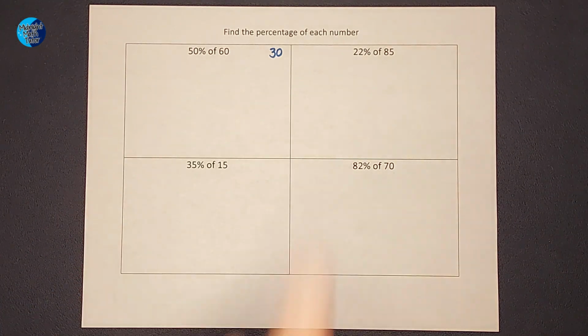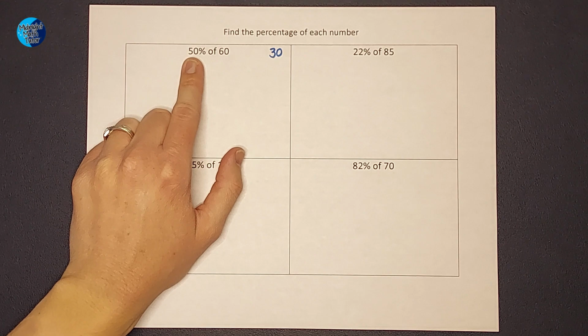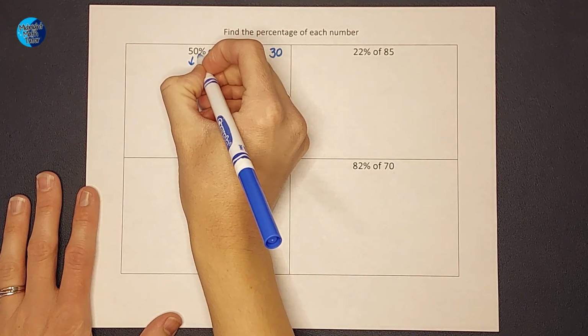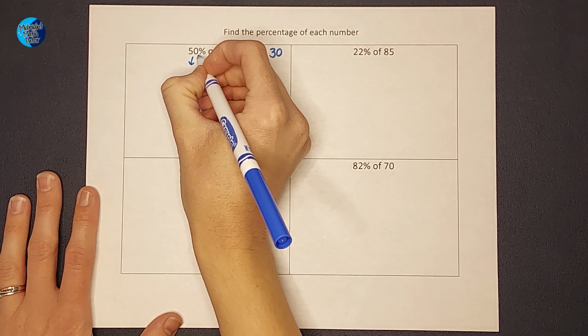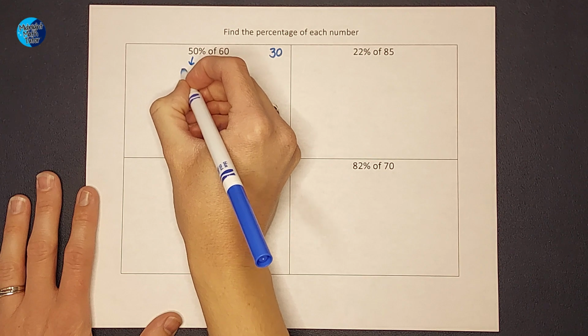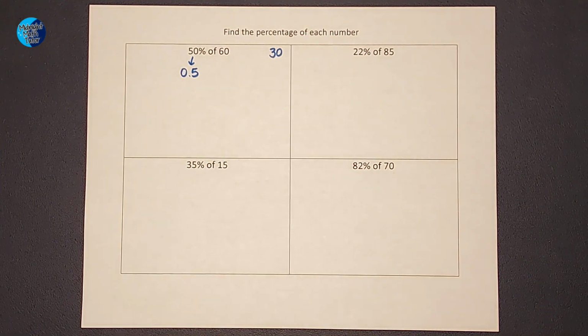Okay, so the first step we're going to do is change our percent into a decimal. Now you may already know how to do this. What you do is you move, there's like a little invisible decimal here, right? You move that to the left twice to get 0.5. Now if you're like, how on earth did you get that?